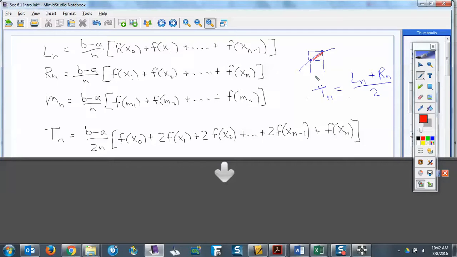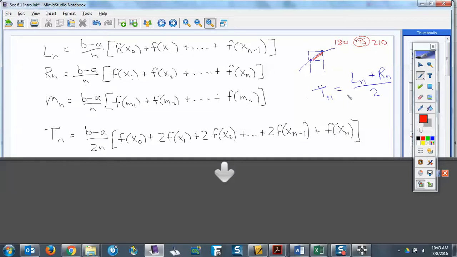Matter of fact, some of you figured out the very first day, when we did that problem with those speeds, and we wanted to know how far we went in those 5 seconds. If you did the left rectangles, you had 180. And if you did the right rectangles, you had 210. And a lot of you just did an average of those, and you had 195, which is right in between them, right? And that's what it is. So a trapezoid is just an average of the left and the right.